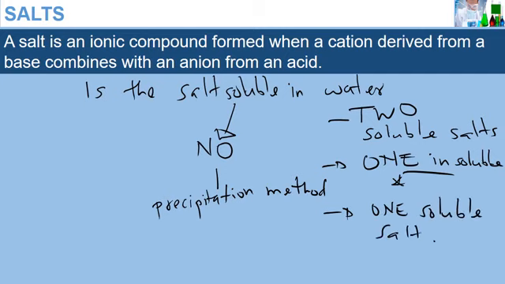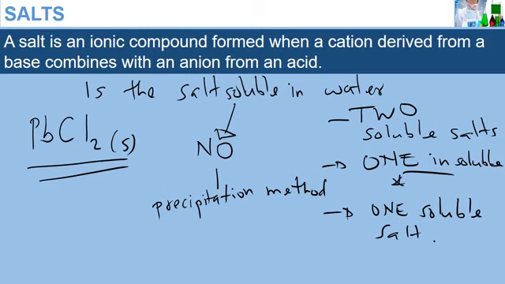So this calls us to remember the solubility of salts. We'll have to choose, for instance, if you were to prepare something like lead chloride, for example, we know very well that this is insoluble in cold water.